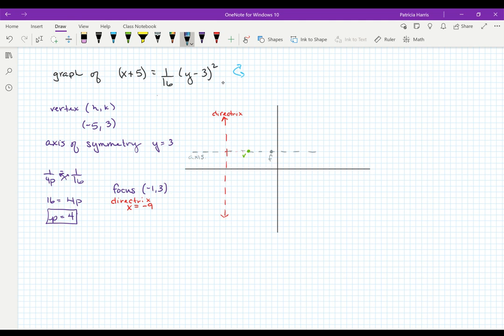So 2p is 8. 1, 2, 3, 4, 5, 6, 7, 8. That's 2p. We want to make 4p total. 1, 2, 3, 4, 5, 6, 7, 8.